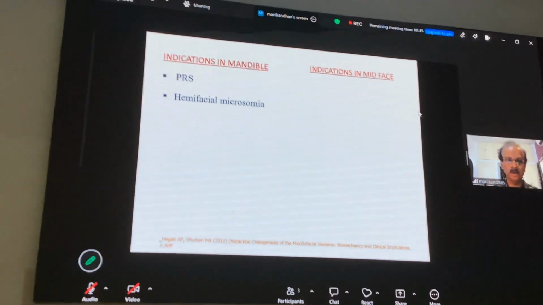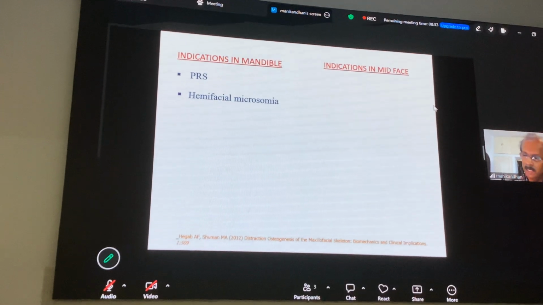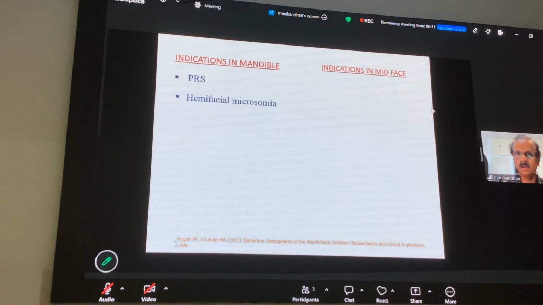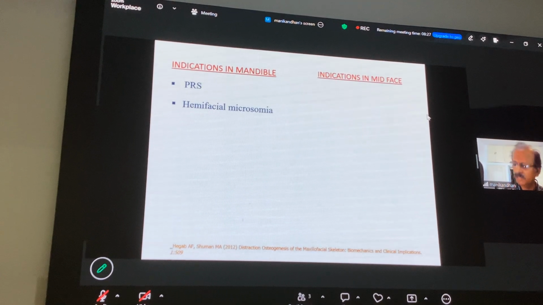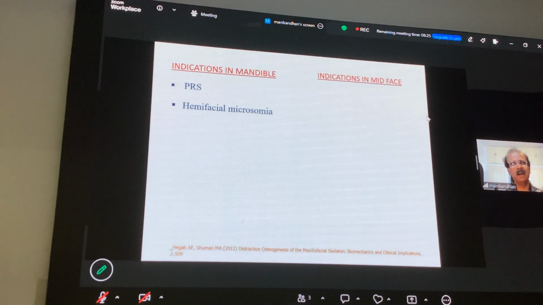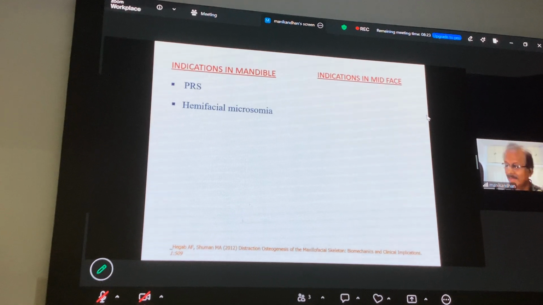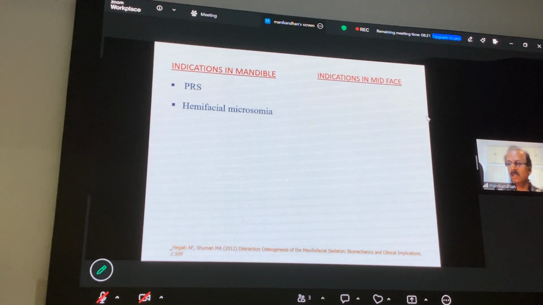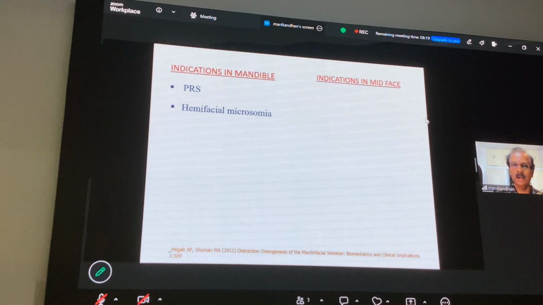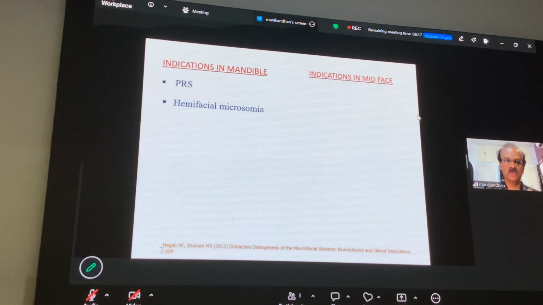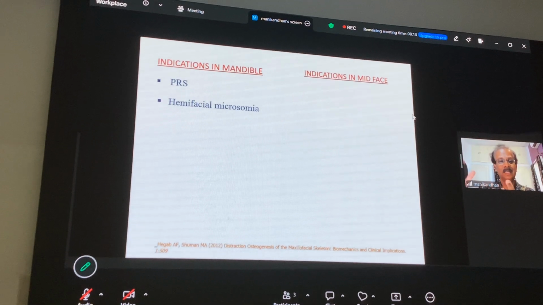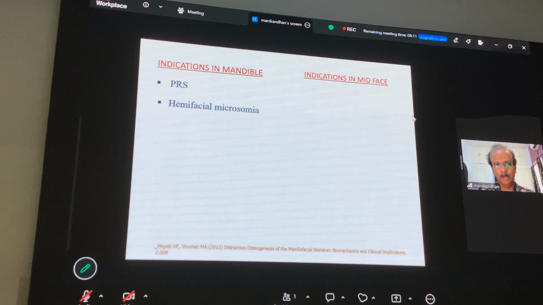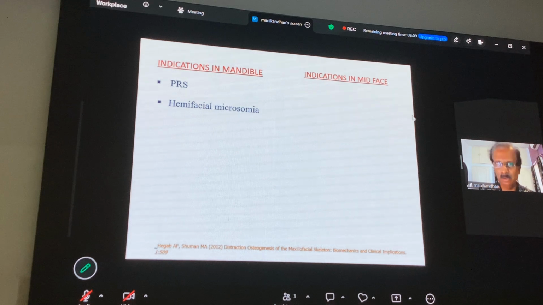You can treat the mandible very nicely, starting from the pediatric age. Hemifacial microsomia is a very good case, starting from pediatric. A lot of people are already doing it by 5 years. But what other people say is that if you can do pediatric hemifacial microsomia distraction, as the patient grows, the degree of severity comes down.